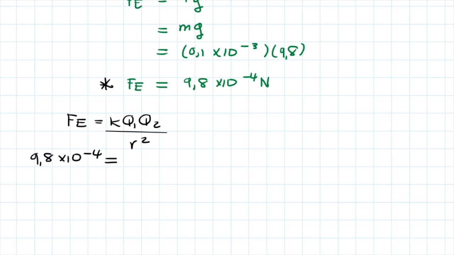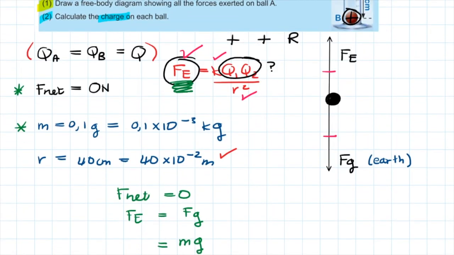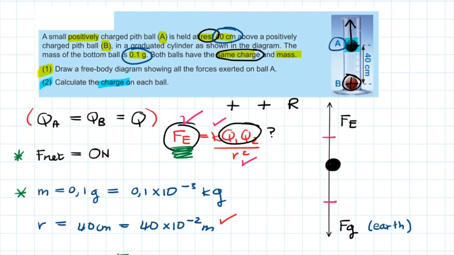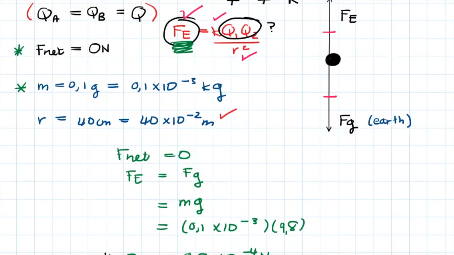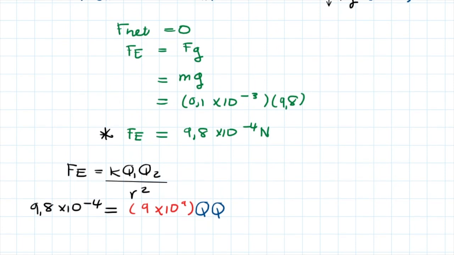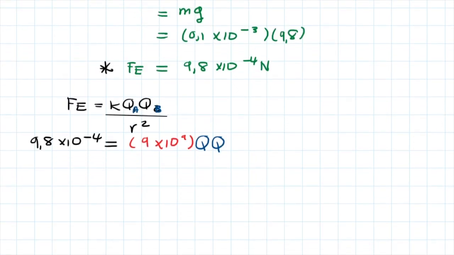K is the proportionality constant that we always have in our table of constants. As mentioned previously, Q1 and Q2 are the same, so we can simply say Q in the place of Q1 and Q in the place of Q2, or in the place of charge A and charge B. If you would like, instead of using 1 and 2 in the formula, you can use A and B. That's also fine. We're going to divide all of this by the distance between them squared.